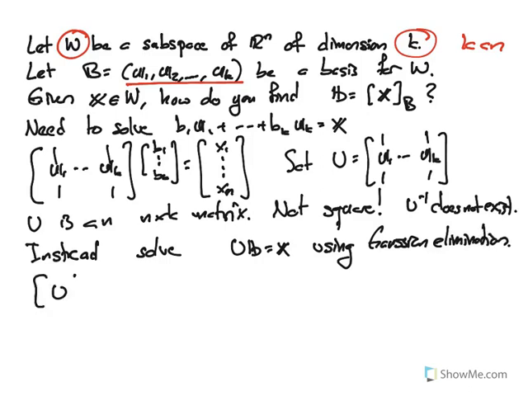So you form the extended matrix U|x, and then you row reduce. Since you have a rectangular coefficient matrix, you're going to get some zero rows at the bottom.